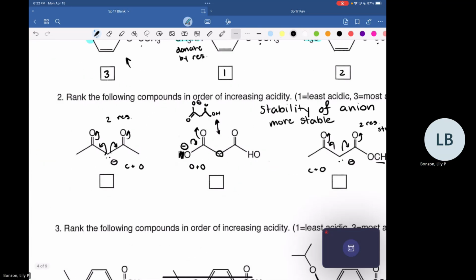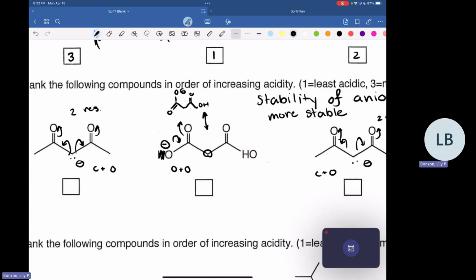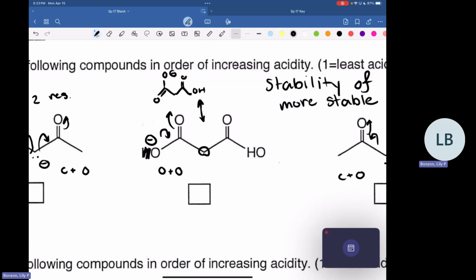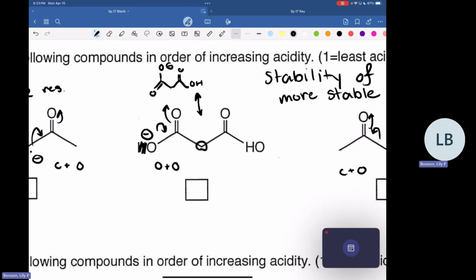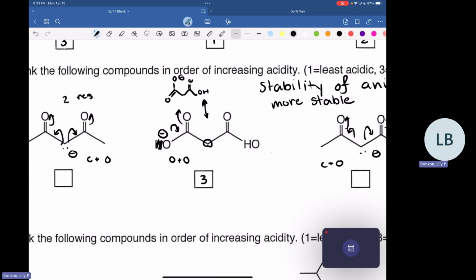In the middle, since we're sharing between two oxygens, and oxygens are more electronegative, this one is going to be our most stable and most acidic molecule, because the negative charge is shared between two electronegative atoms rather than one oxygen and a carbon, which is not as electronegative. So this one right here is our most acidic.